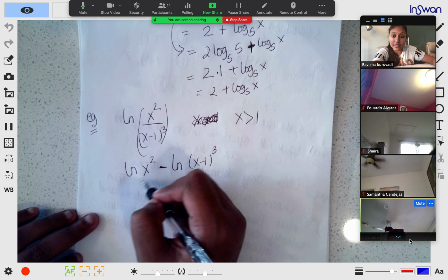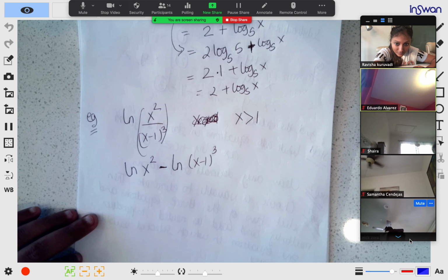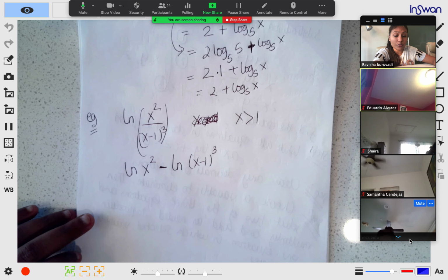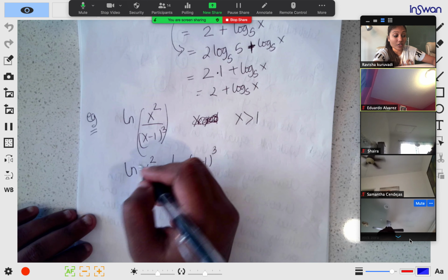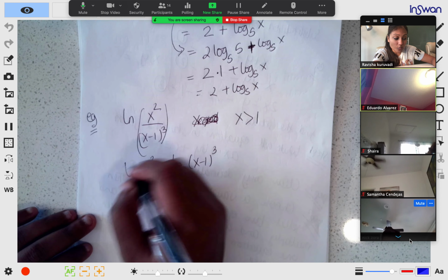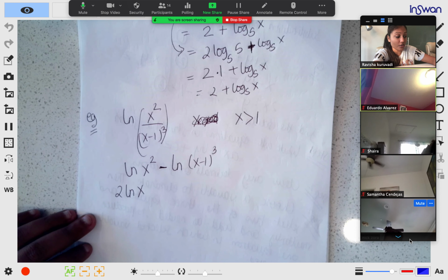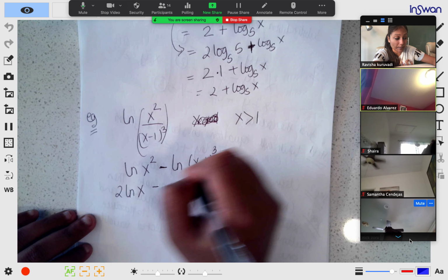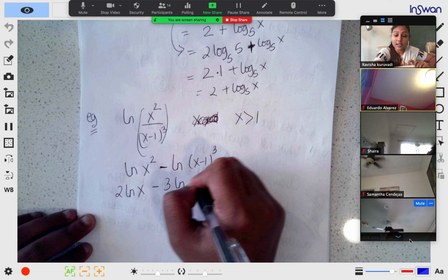Yes, you can expand the power 3, right? Since x is raised to power 2 here, it's going to pick up and throw in front. You get 2 ln x. Minus, here also you have 3 as a power, it's going to pick up and throw in front, 3 ln of (x minus 1).